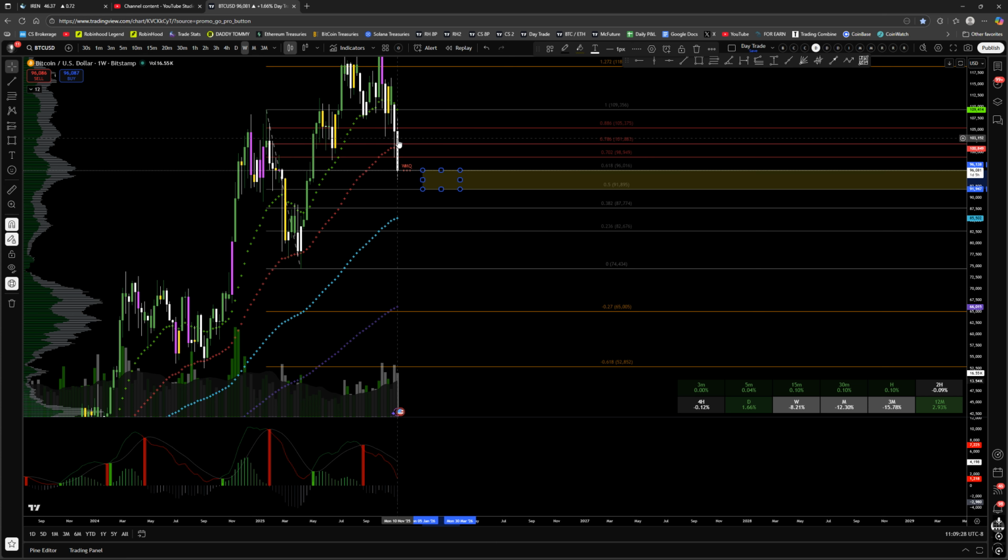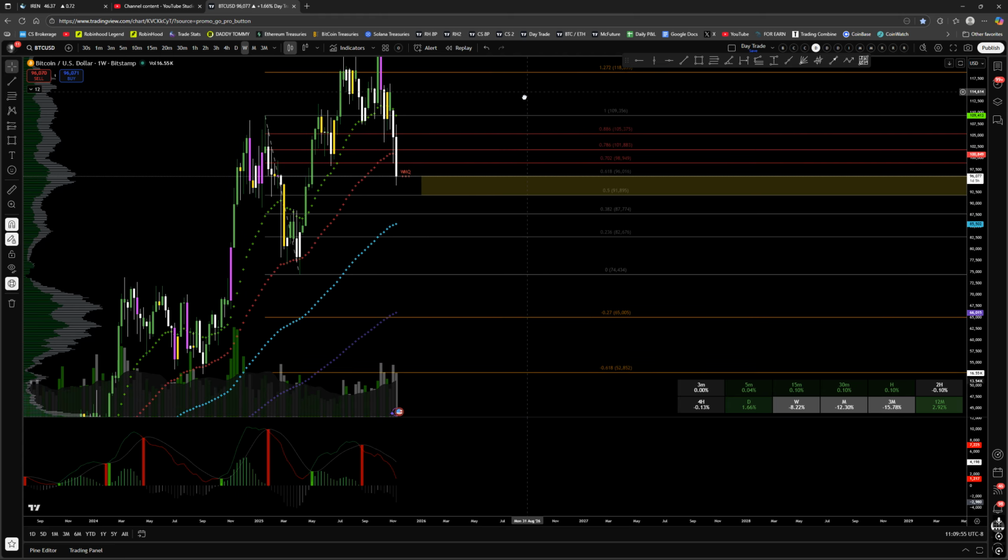So to come back down and retest this, and then we start seeing the sellers lose a little bit of control, because we have this bottom wick here, which means the price went down to this point, and then buyers stepped in down here, and they're starting to buy it back up right now. So we'll have to wait and see. We're right at this 0.618, so if we can get a bounce off of this, we could start uptrending again.